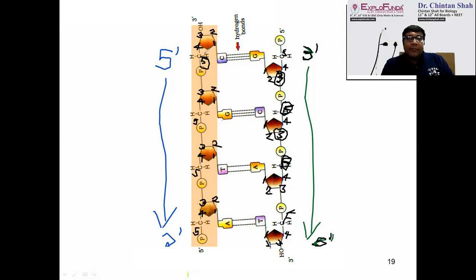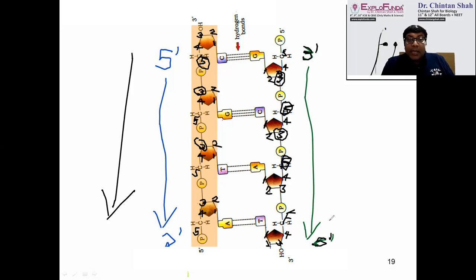First nucleotide's fifth carbon combined with next nucleotide's third carbon. Again, first nucleotide's fifth carbon combined with next nucleotide's third carbon. Are you getting it? That's why this is known as 5 prime to 3 prime, and this is known as 3 prime to 5 prime.